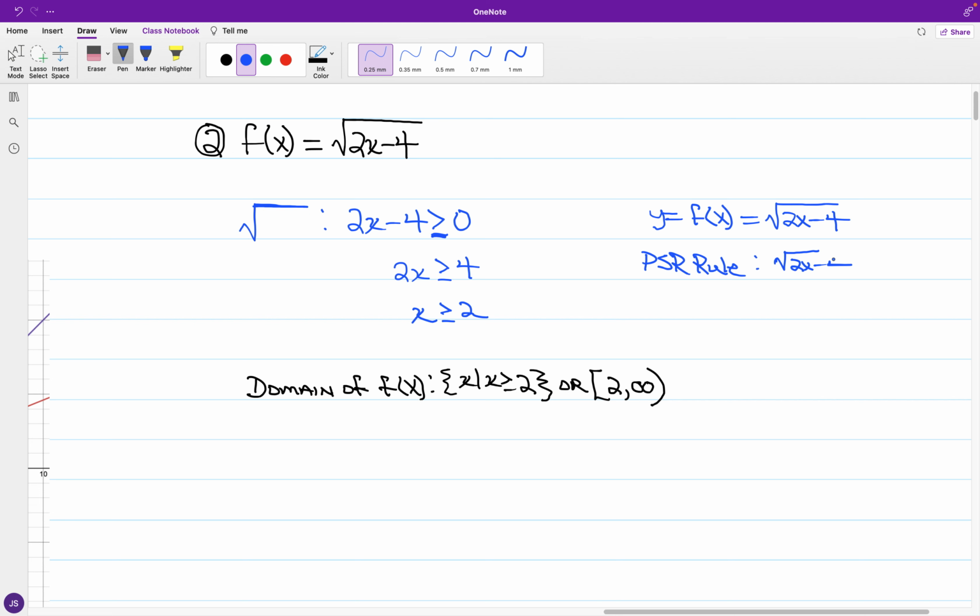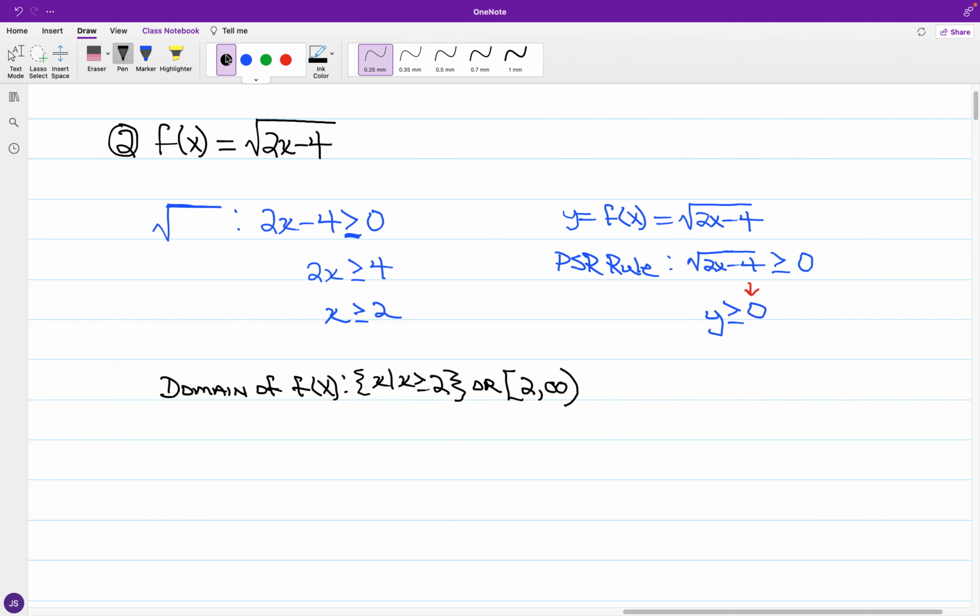So the square root of 2x minus 4, which defines y, is going to be greater than or equal to 0. That means for what is allowed in y, y is greater than or equal to 0.